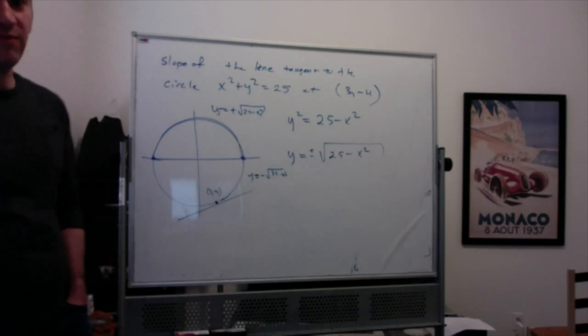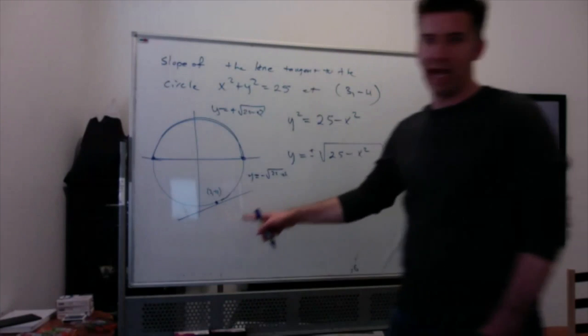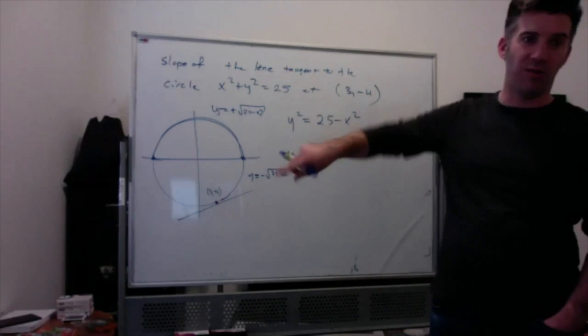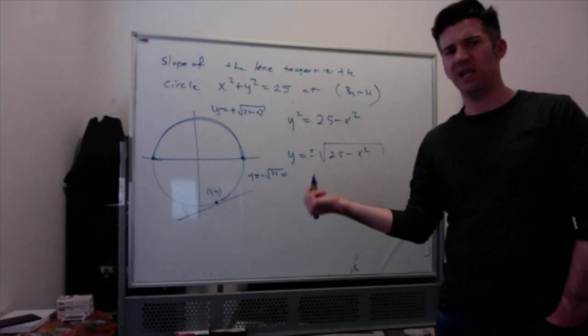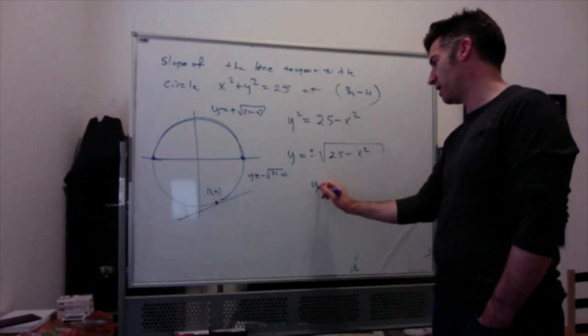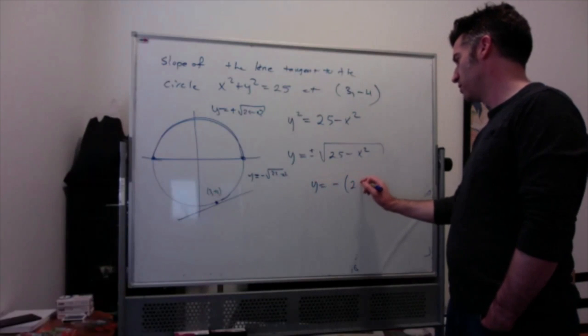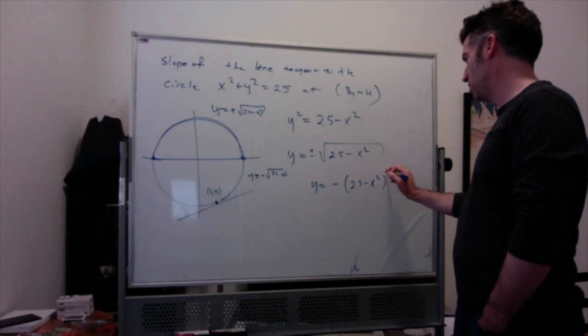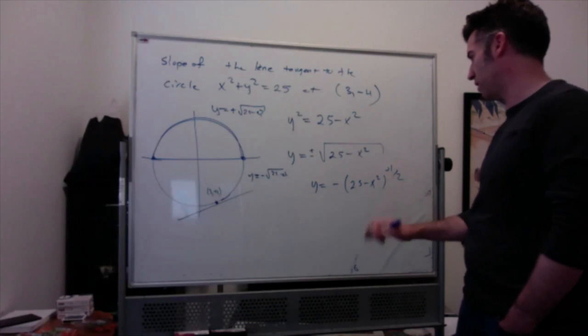To even take the derivative at this point, I need to know that the point is on the bottom part, which is the negative part. Kind of more work than I'd like to do. Okay, fine. So really I'm looking at y equal to negative 25 minus x squared to the positive 1/2, sorry.